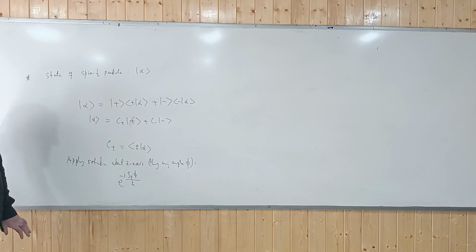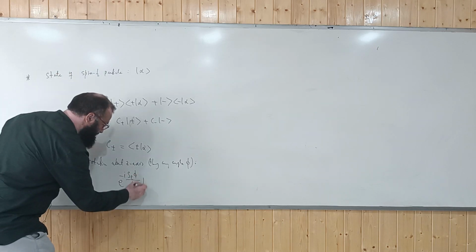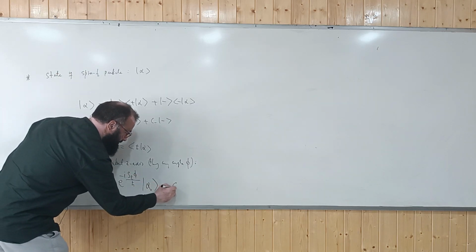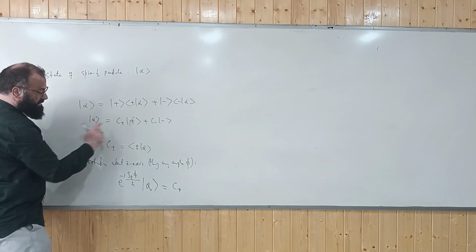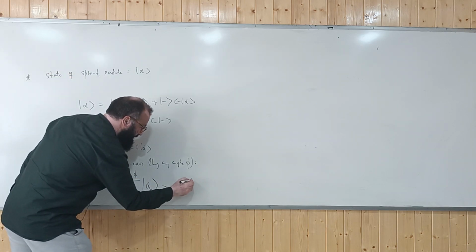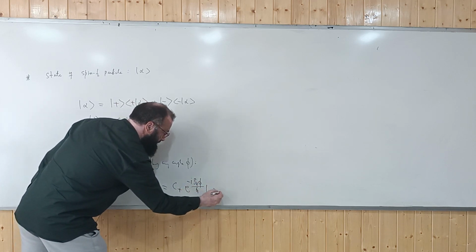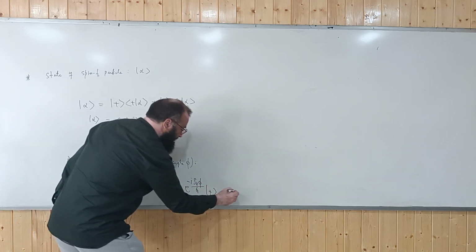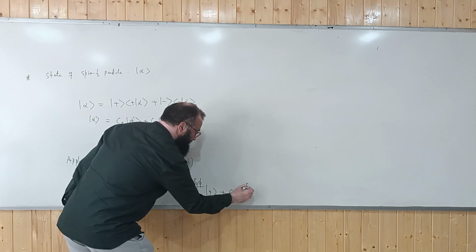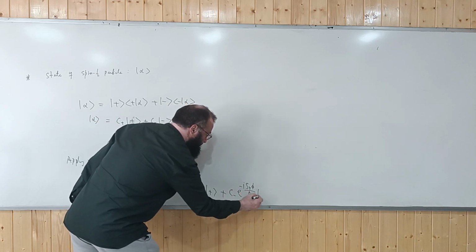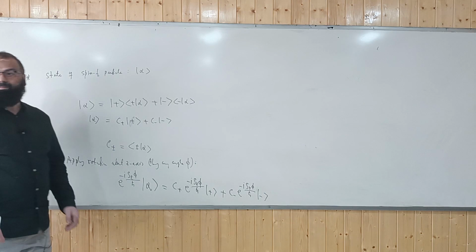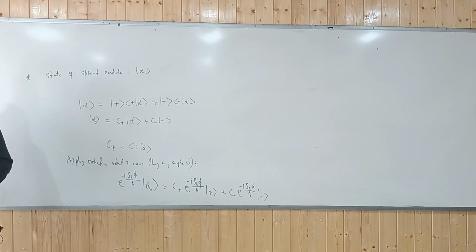So I am applying a rotation through an angle phi on this vector alpha. C plus is a number, so it is simply e raised to the power minus i Sz phi by h cross acting on plus, then C minus times e raised to the power minus i Sz phi by h cross acting on minus.